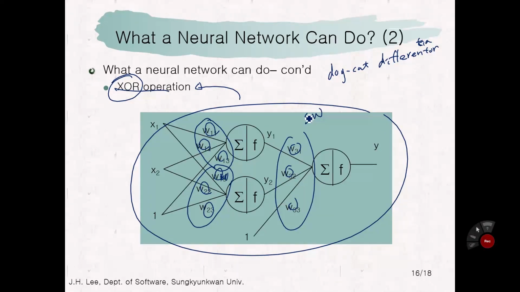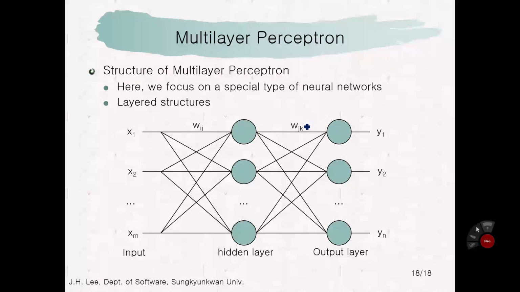So training means programming. Training and programming are equivalent. Why? They determine the connection way. Connection way is software, right? So the training algorithm is the most important thing in a neural network. Okay. I already told you that.